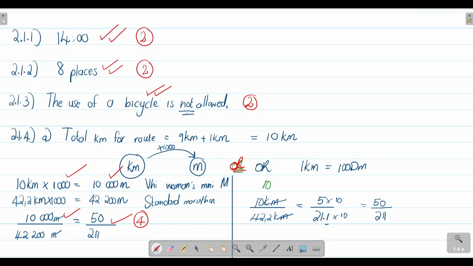But all that you need to understand is that here in the denominator, we've got a problem. We cannot leave our answer as 21.1 because of that decimal. So we need to find a way to get rid of that 0.1. And for us to get rid of a decimal, you need to multiply by 10, 100, 1,000.